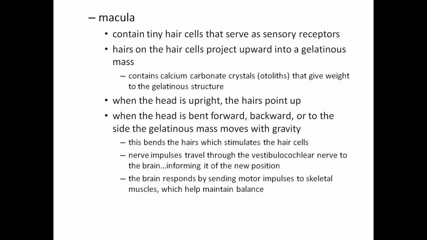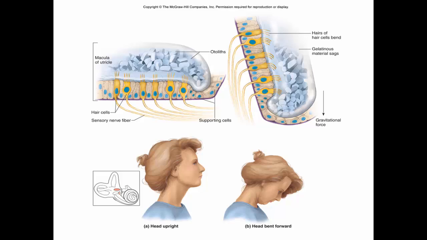It tells the brain your head's in a new position, and then your brain sends impulses to the skeletal muscles, and they go, okay, well, we should fire and maintain balance to make sure we don't fall over.